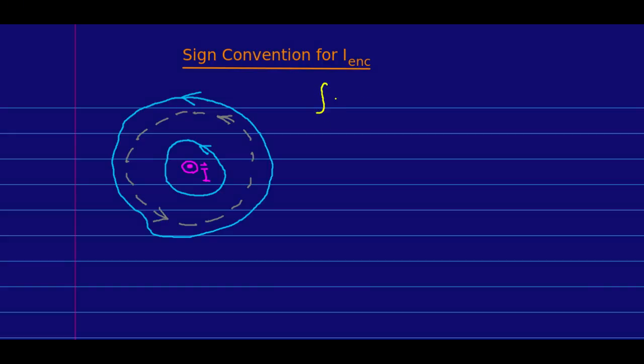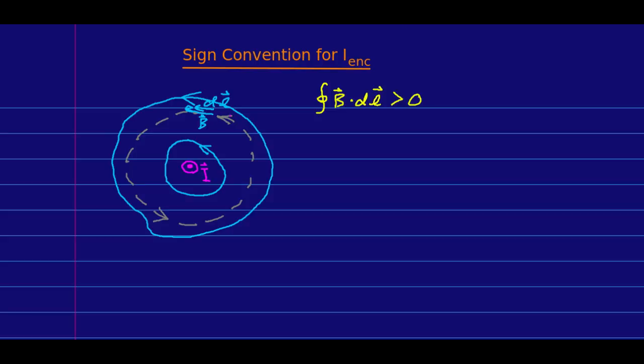And so that tells you that the path integral is going to be greater than 0 because everywhere on this path, the B field and the length element are parallel and in the same direction. And so that tells us that this I will give a positive encircled current.